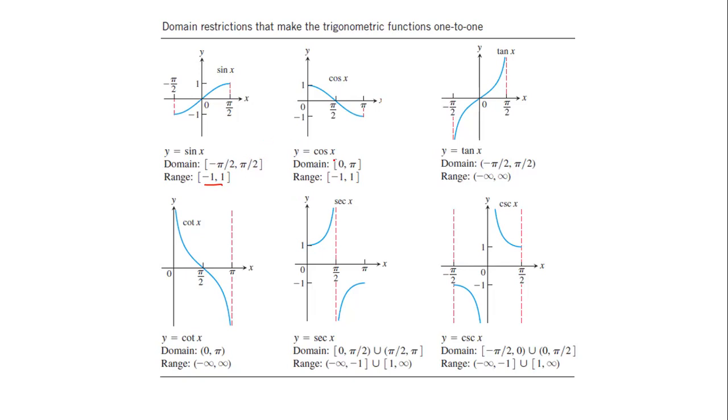This is cosine, the domain of the cosine and the range of the cosine, and so on. That's a tangent. I don't want to go through this because it's going to take a longer time. So I think we will best stop right here.